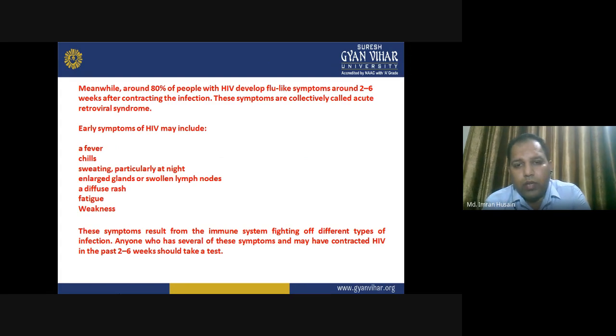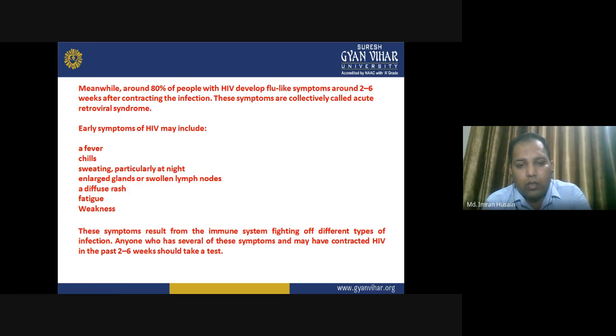Early symptoms of HIV may include a fever, chills, sweating, particularly at night, enlarged glands or swollen lymph nodes, a diffuse rash, fatigue, weakness. These symptoms result from the immune system fighting off different types of infections.